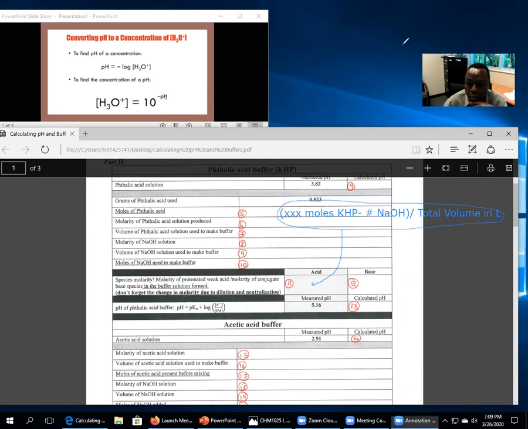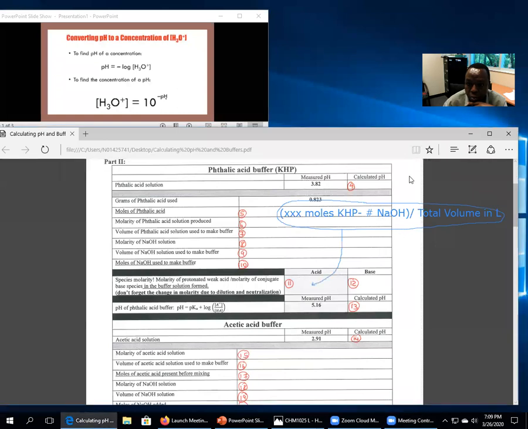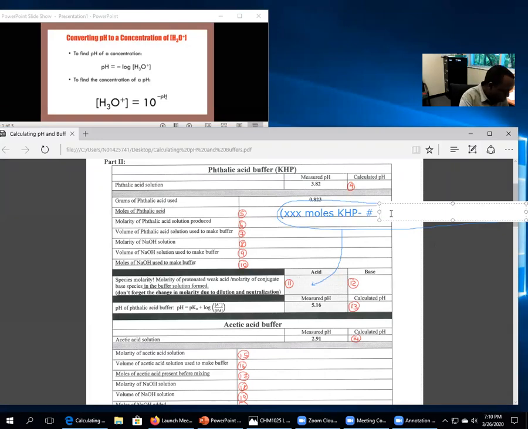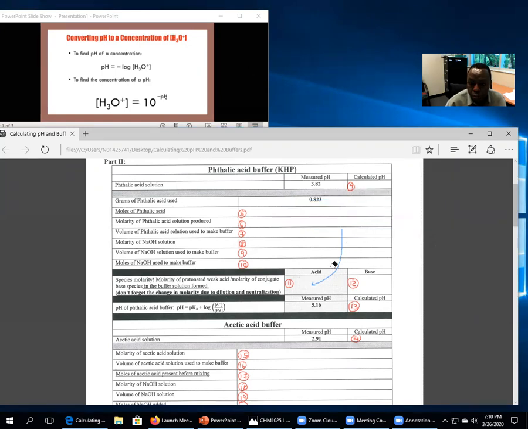So a note here, I'm just going to type right here: number of moles of NaOH. So that's for the acid.